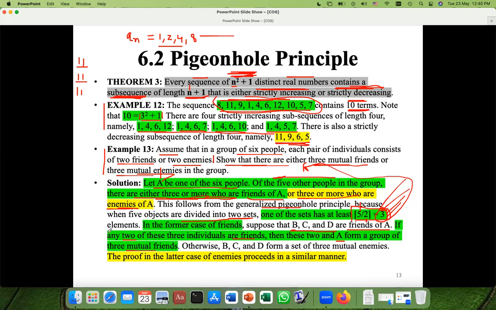And if this is not the case, then B, C, D are friends with each other, but not friends with A, so they are mutual enemies of A.